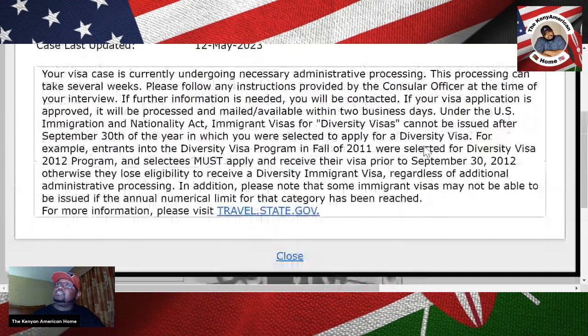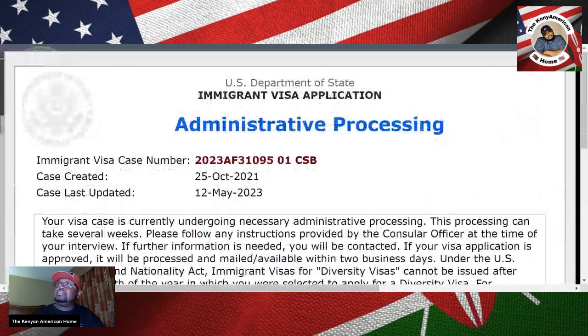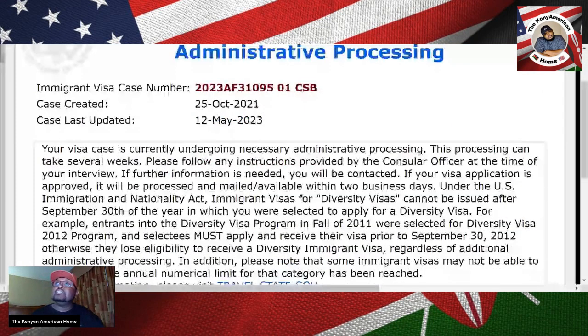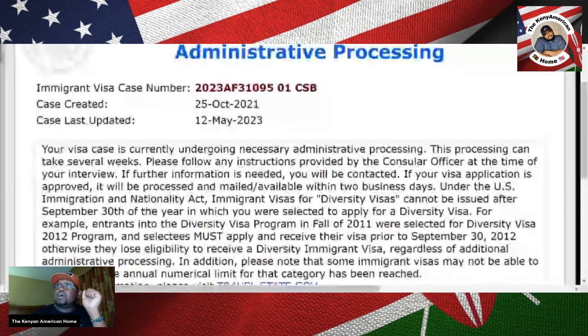Administrative processing: your visa case is currently undergoing necessary administrative processing. This processing can take several weeks. Please follow the instructions. One important thing they say there is that under the U.S. Immigration and Nationality Act, diversity visas cannot be issued after September 30th of the year in which you were selected.